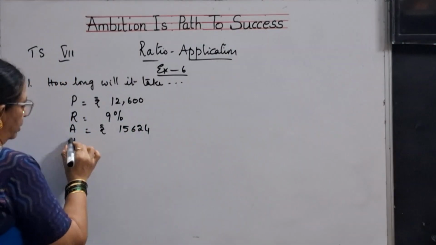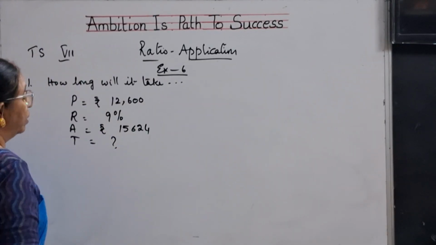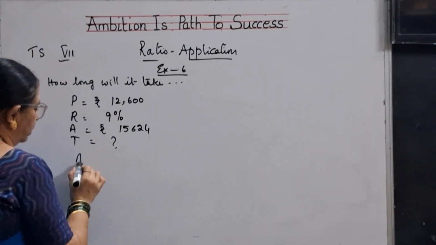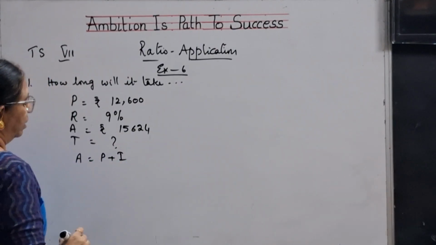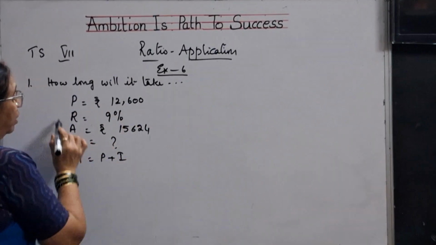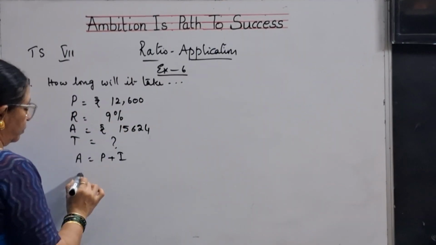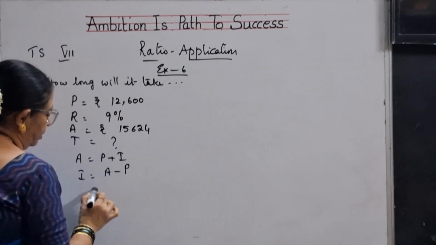Now the question is, what is T? You need to find out time. First we know that amount is equal to P plus I. We want interest, because without knowing interest you cannot find out the time. So interest is nothing but amount minus principal.